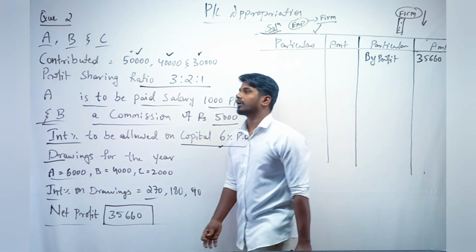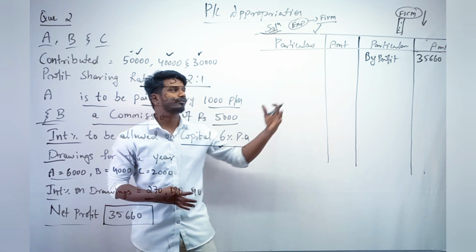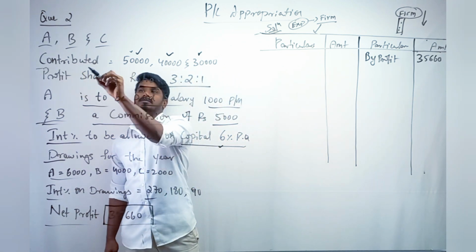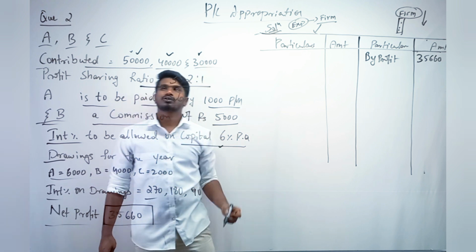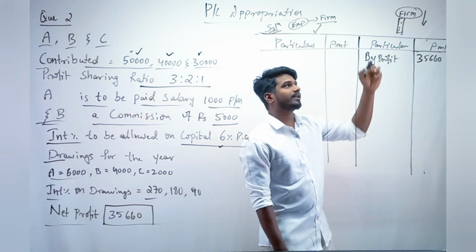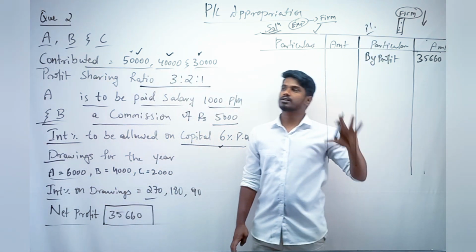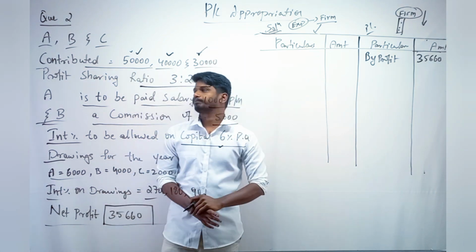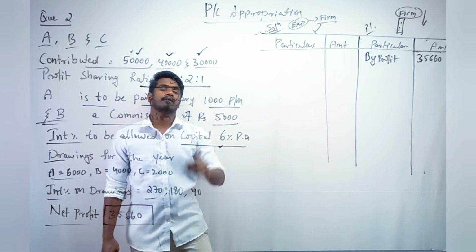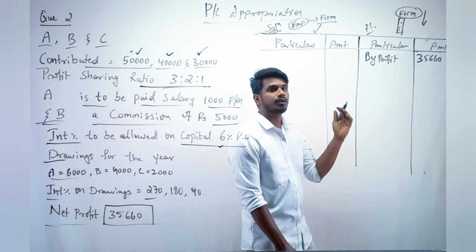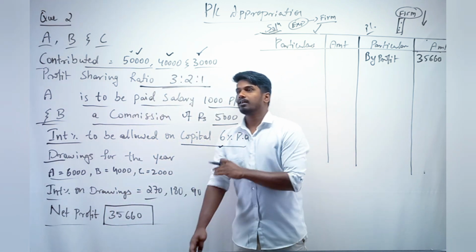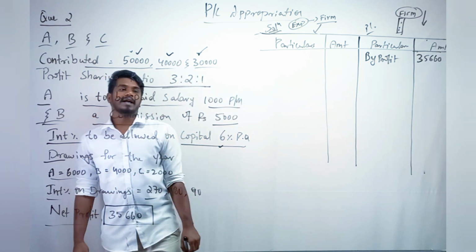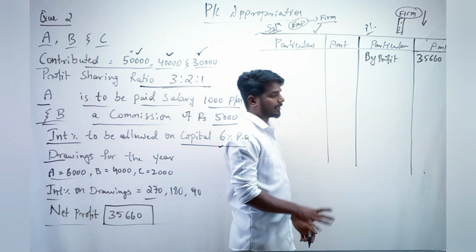Let us see what the expenses and incomes for the firm are. First, contributed capital is given. We won't consider capital in the P&L appropriation because it will go to the partners' capital account, and they are sharing profit and losses in the ratio 3:2:1. Next, A is to be paid a salary of 1,000 per month.